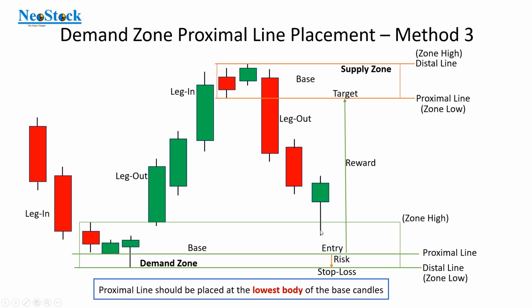So our price did not reach the proximal line. So this is one major disadvantage. We have higher chances of missing the entry. Our trade may not be executed here.